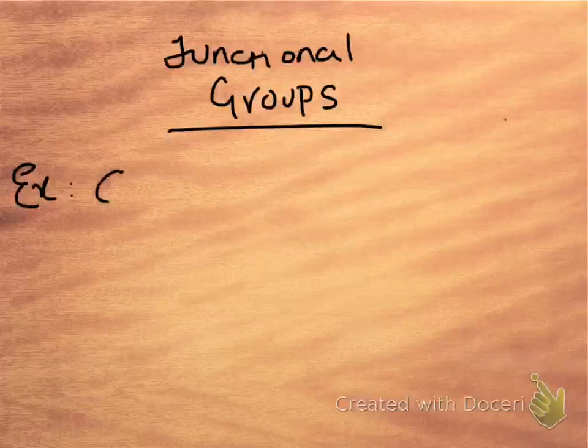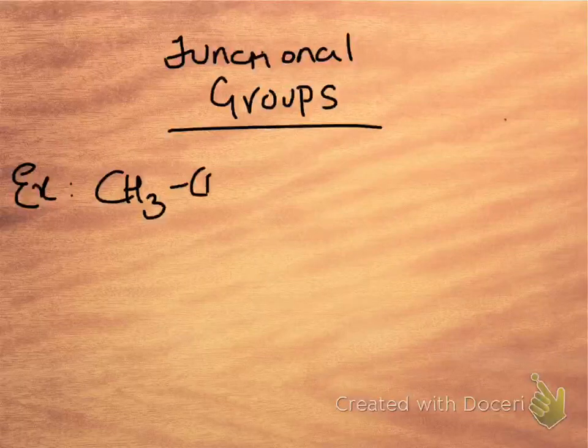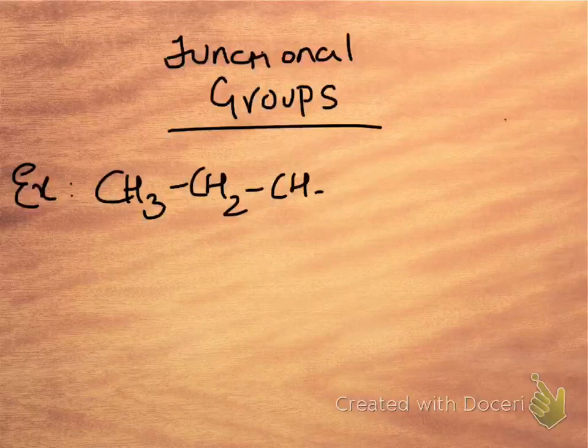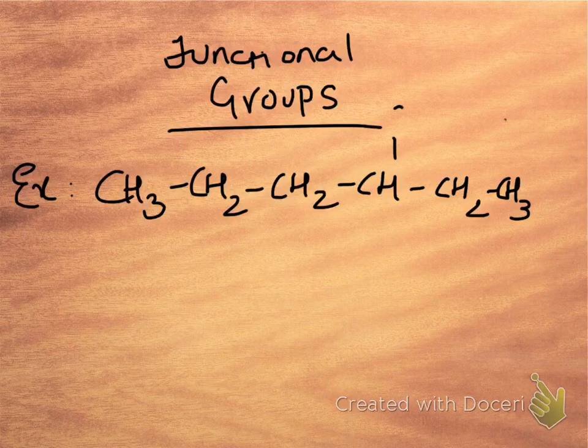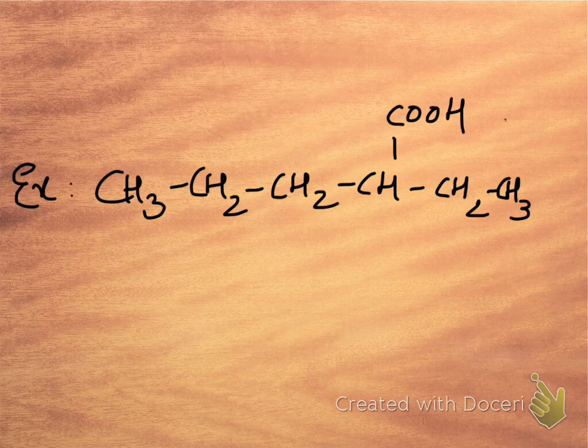CH3, CH2, CH2, CH, CH2, CH3, COOH. This is our example. CH3 bonded to CH2, bonded to CH2, bonded to CH. It is bonded to COOH, bonded to CH2 and bonded to CH3. So now this is our organic compound.